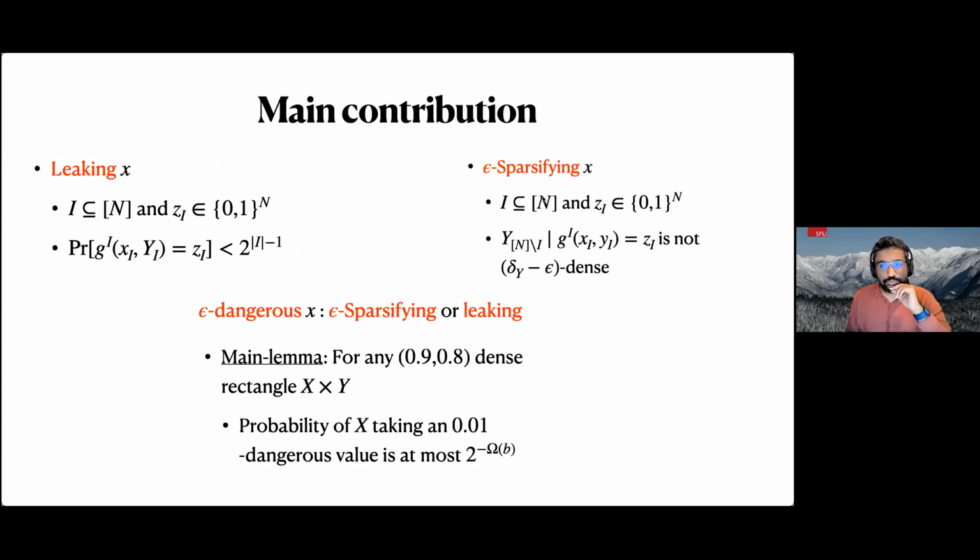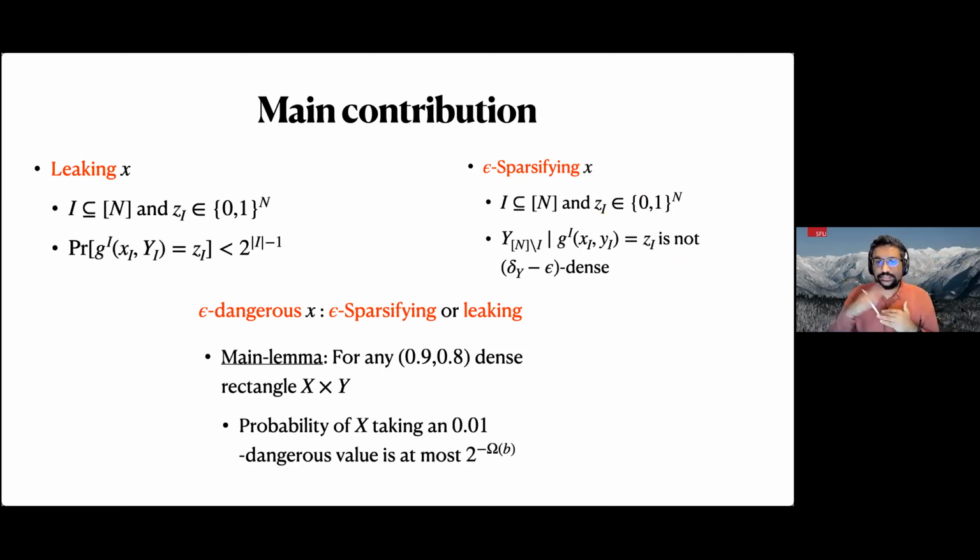Okay, so this is our main contribution. We call an input X leaking if there is some subset of blocks I and a query answer Zi, such that the probability, if you condition on this particular gadget output being the output in this xi yi rectangle, is less than 2 to the minus (I minus 1).